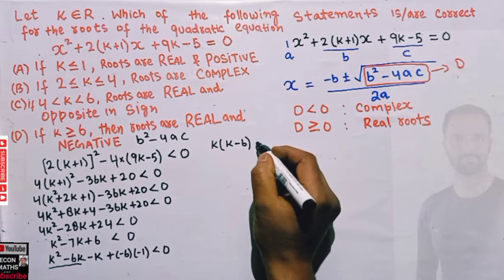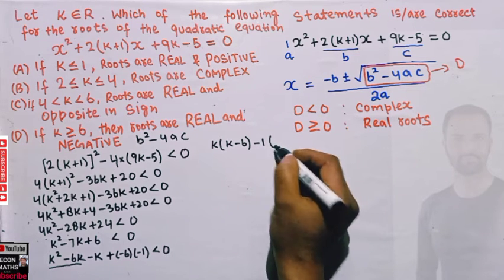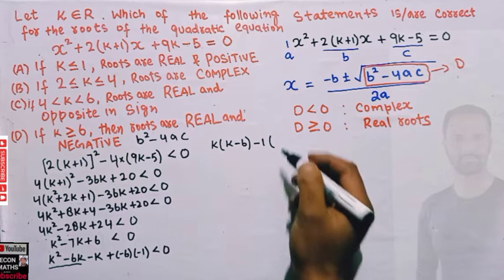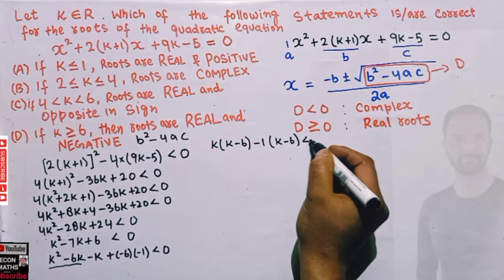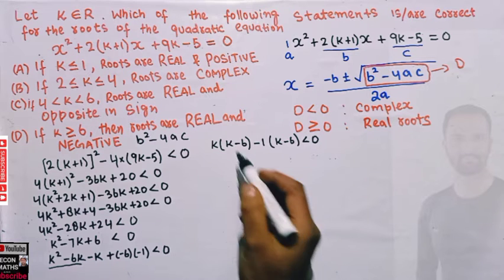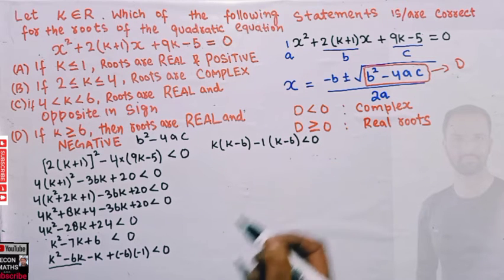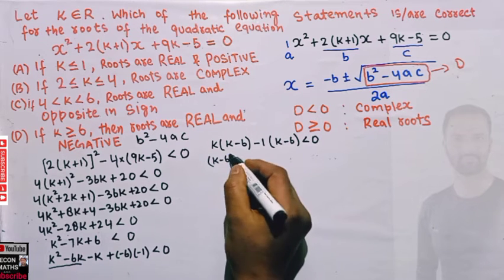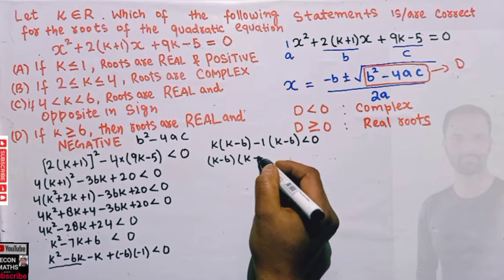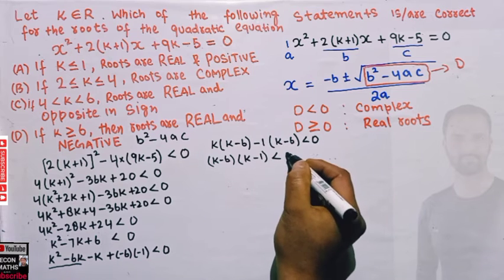So if we take minus 1 common, we are left with this k minus 6, and obviously it should be less than 0. Now taking this k minus 6 common, we have k minus 6 into k minus 1, it should be less than 0.